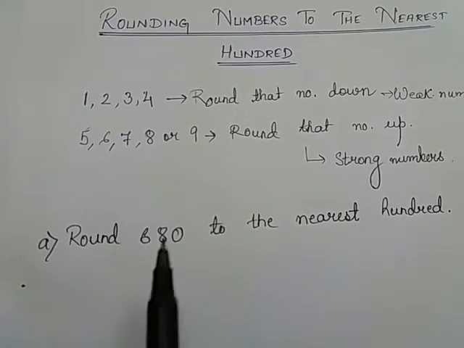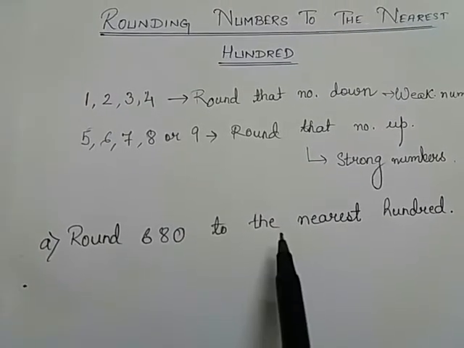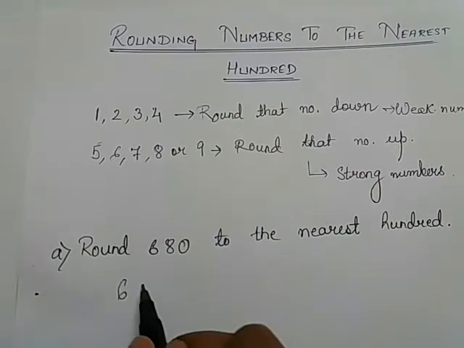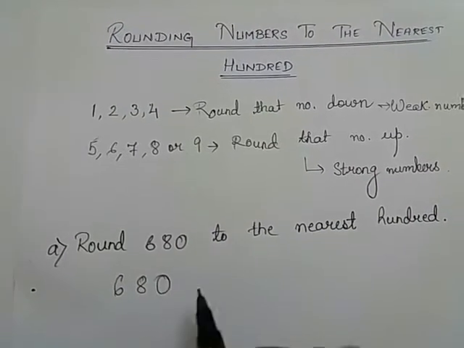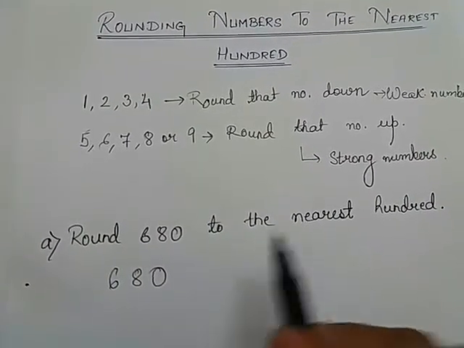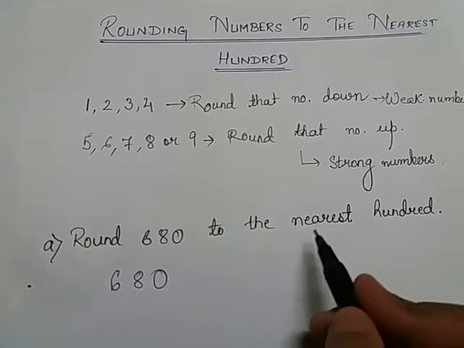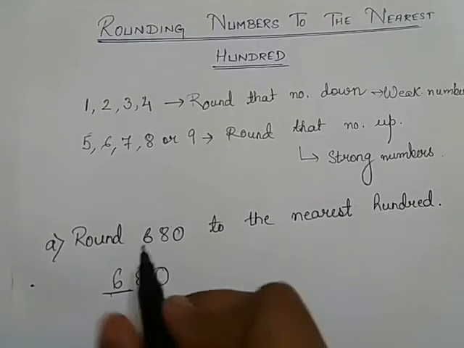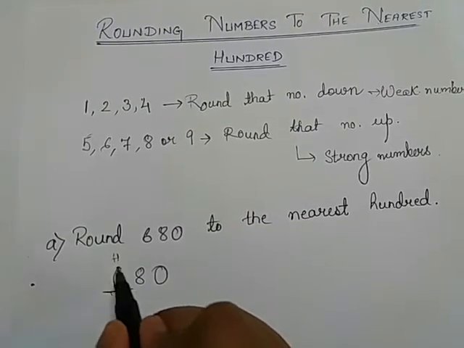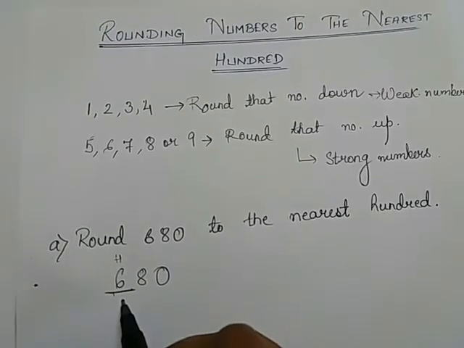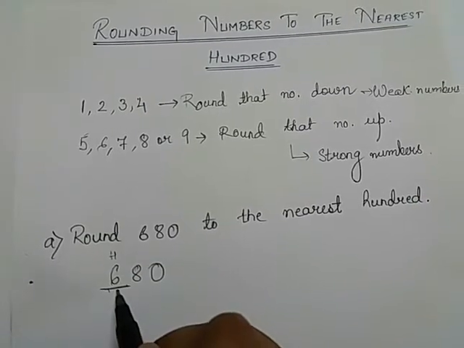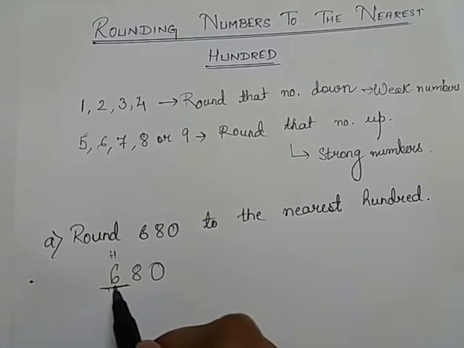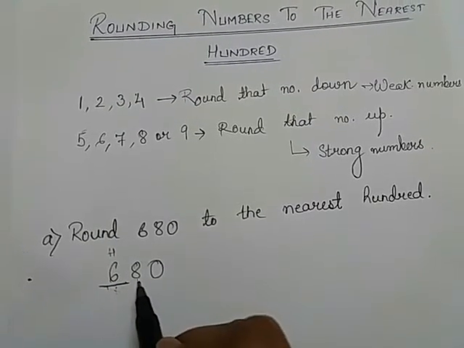Now we have studied two ways by which we can do it. The first one is naturally that the place where we want to round it is the hundred, to the nearest hundred. That means the digit that we need to round is this one, which is at the 100th place. Now let's see the digit which is standing exactly right to it.